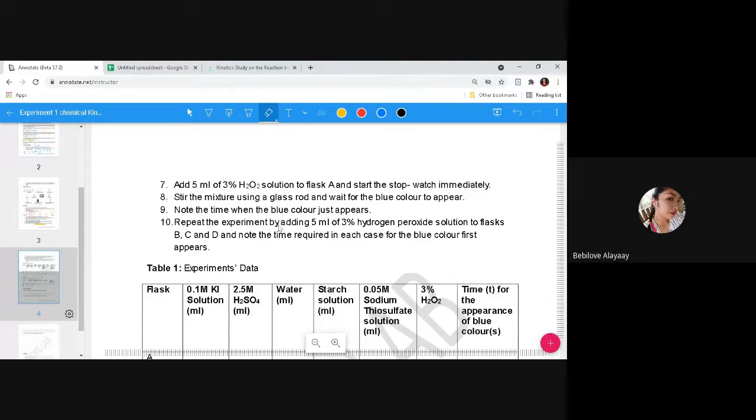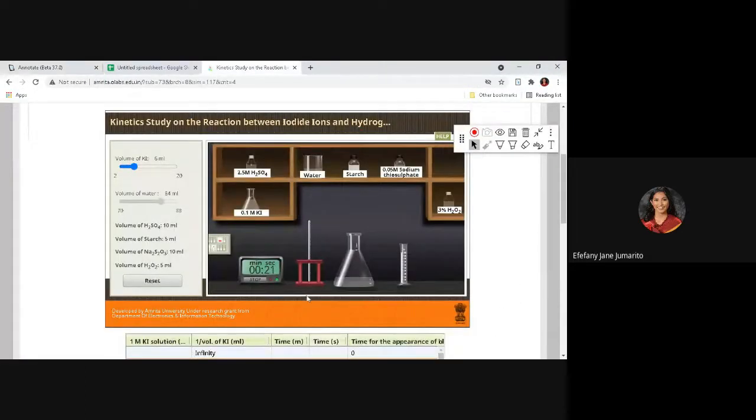Procedure 8: stir the mixture using a glass rod and wait for the blue color to appear. We have done this, class. Then procedure 9: note the time when the blue color just appears. Okay, so note the time. All right, class, the time has started, so we will wait.